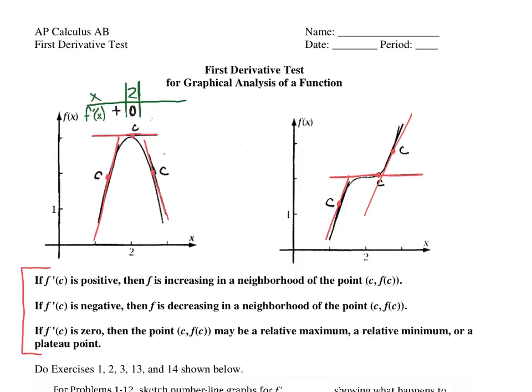Negative. Okay? Now, with that being said, now we can actually look at what's happening to f of x. Let me move this up above, actually. So here's f of x.